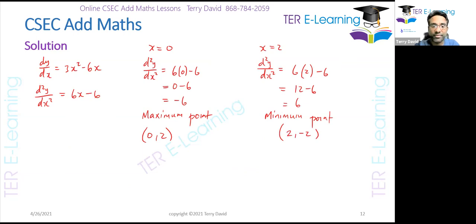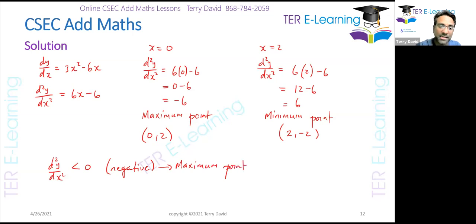So that's what we've done here. We've worked out the nature of the points. When they say nature, they want to know if it's a maximum or a minimum. So this is what you generally need to remember. When d2y dx squared is less than 0, meaning it's negative, that means it's a maximum point.